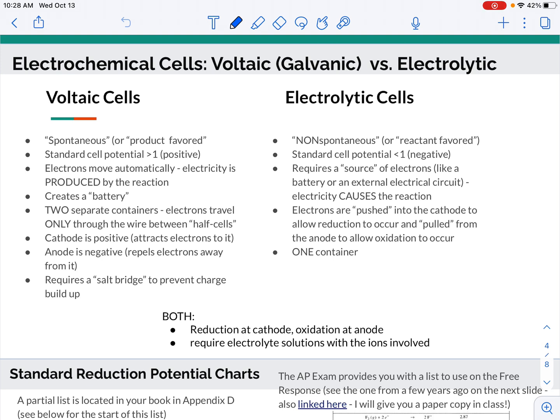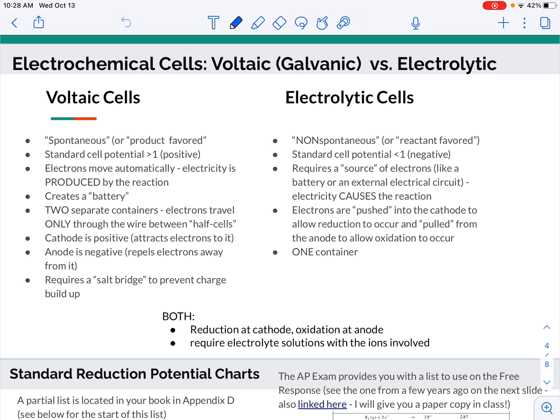In other words, the reaction just goes ahead and creates products on its own. So you can use either spontaneous or product favored, but in voltaic cells, the reactions just occur on their own. Electrolytic cells are not spontaneous, so we call them reactant favored. This means that there has to be a source of electrons for this reaction to occur. So that's one thing that's different about them.